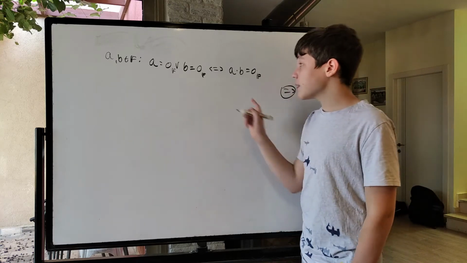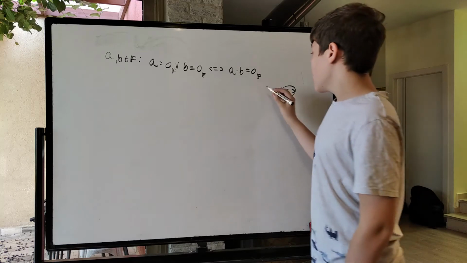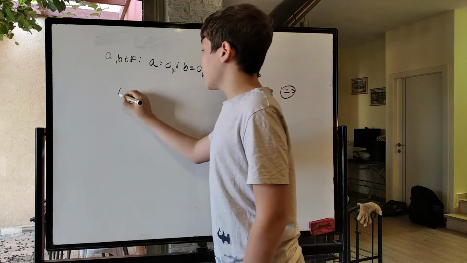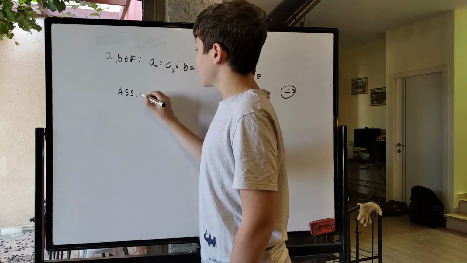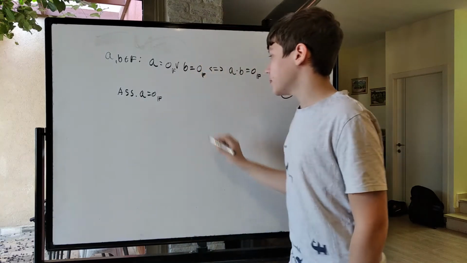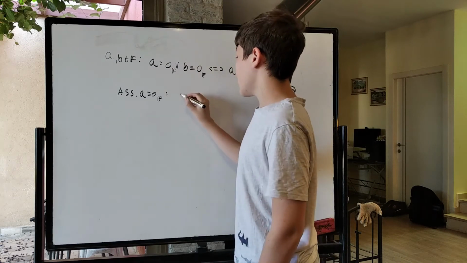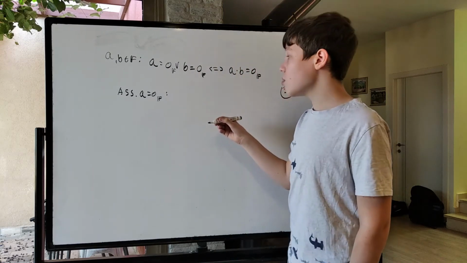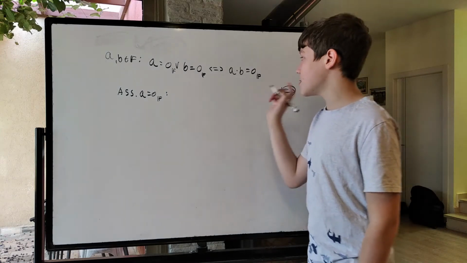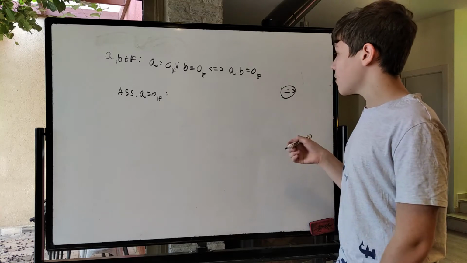Because of the symmetry between A and B, I'm just going to assume A is equal to 0. And now we want to show that A times B, which is 0 times B, is 0.